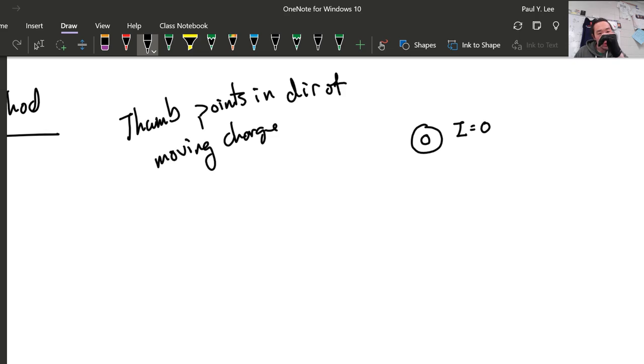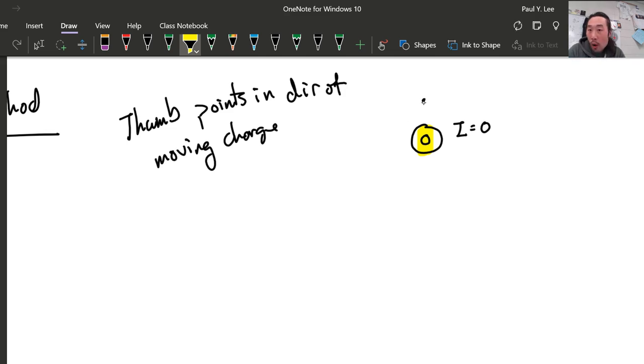What the fingers curl shows you is the direction of the B field in a 360 instance. If I'm looking at my fingers, at the top of my hand, I see my fingers are pointing to the left.